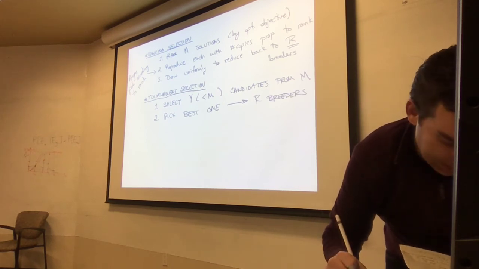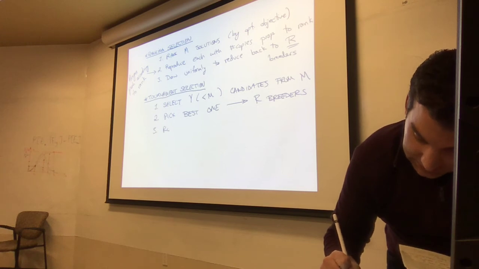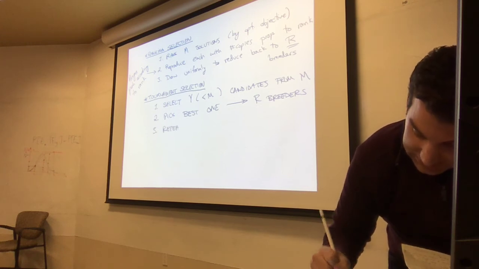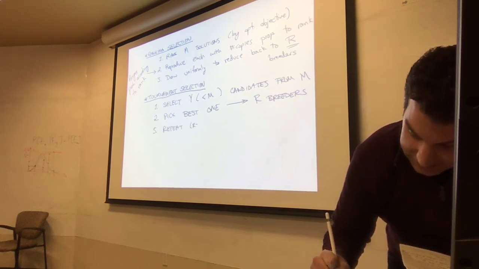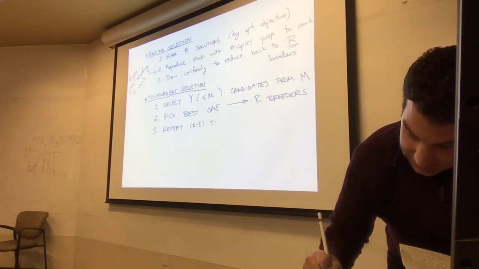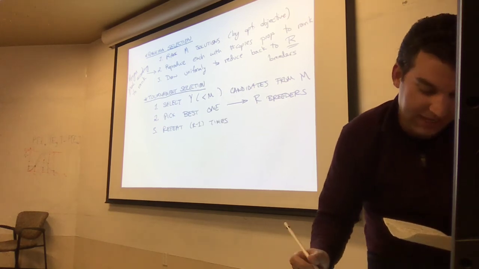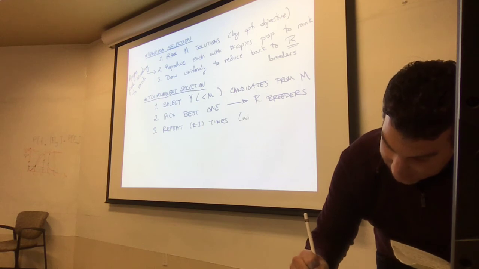And then we repeat basically R minus 1 times. So repeat until we have R breeders, and this is with replacement.